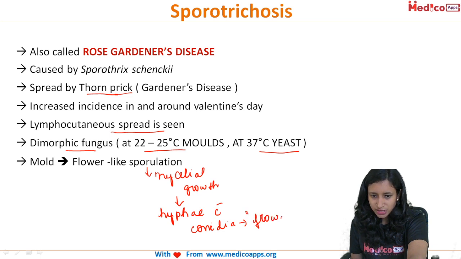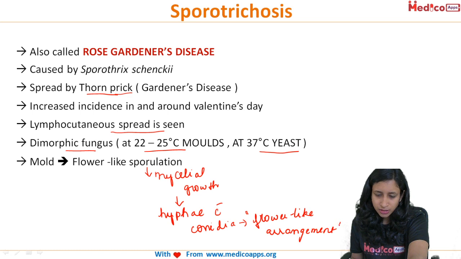The arrangement that you see here is a flower-like arrangement. Now this is very typically seen in this particular growth. So flower-like sporulation is when a culture is put at 25 degrees and you see a mycelial growth where there are delicate hyphae with conidia along with the flower-like arrangement that you normally see.